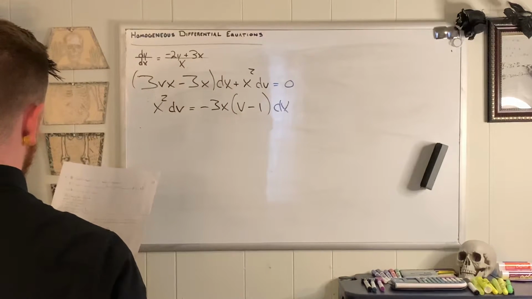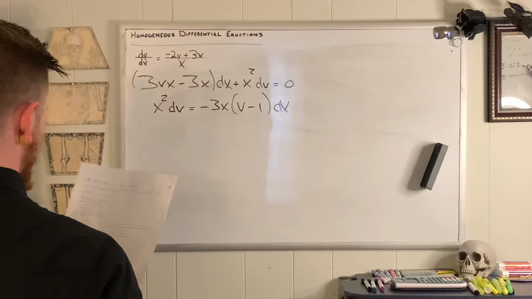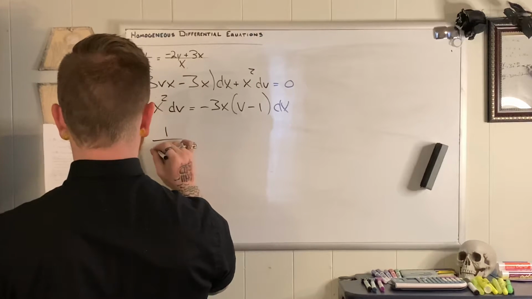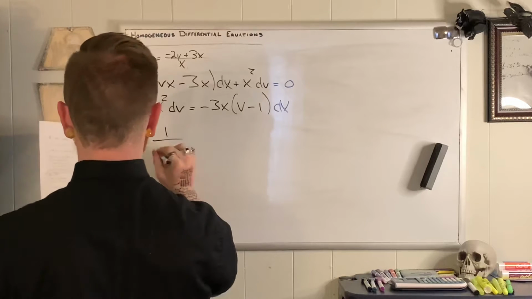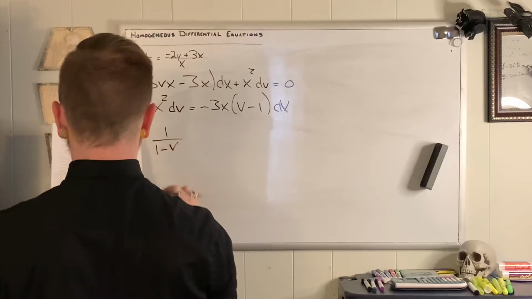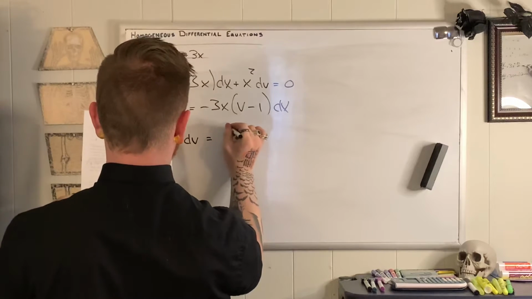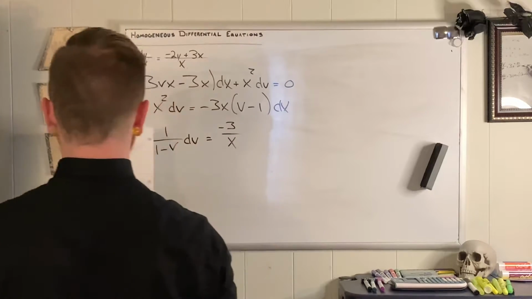From here, let's continue to separate our variables, and then we are ready to integrate. 1 over, I'm going to change this to a 1 minus v instead of v minus 1, and then over here we will now have minus 3 over x.